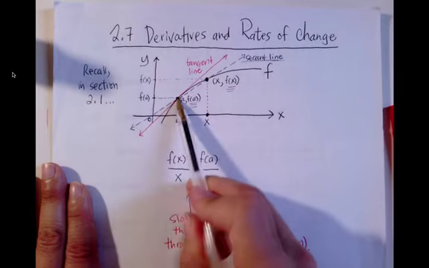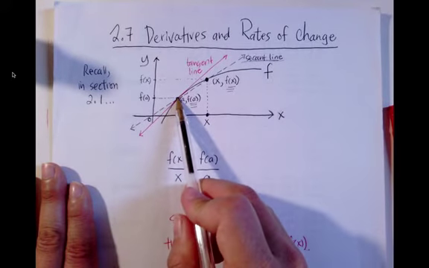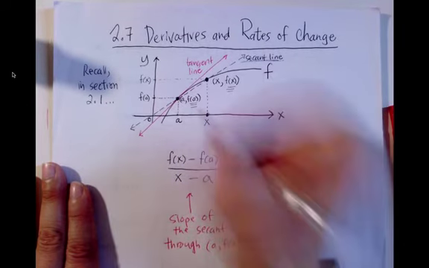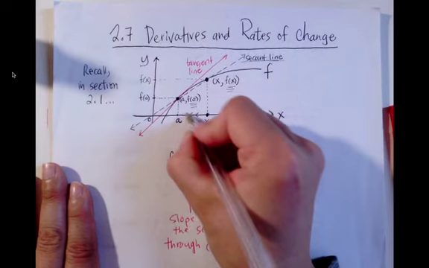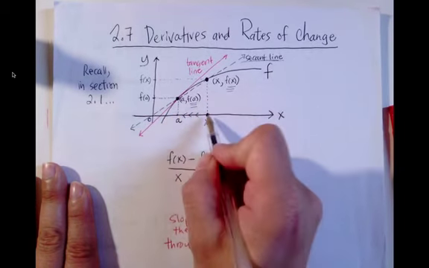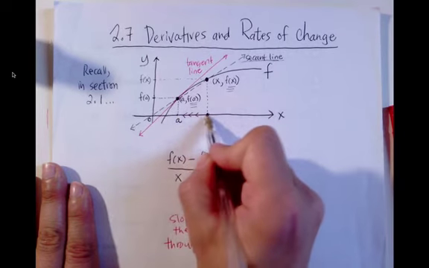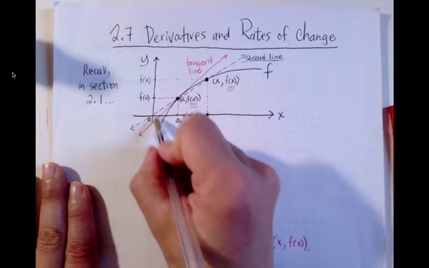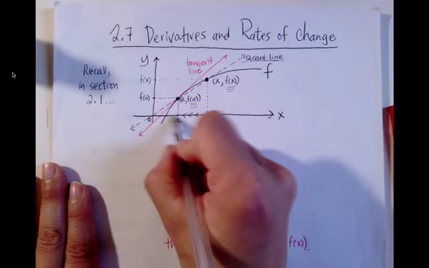Now, what I really want is the slope of the tangent line. In order to get it, I'm going to keep choosing values of x that get closer and closer to a. I can do this from the left or the right. Here I'm approaching a from the right. Over here I'm approaching a from the left.